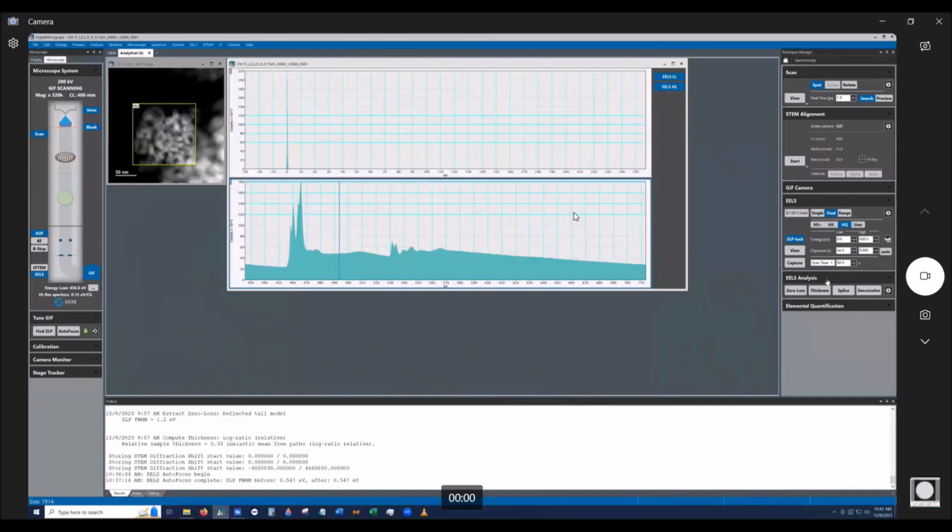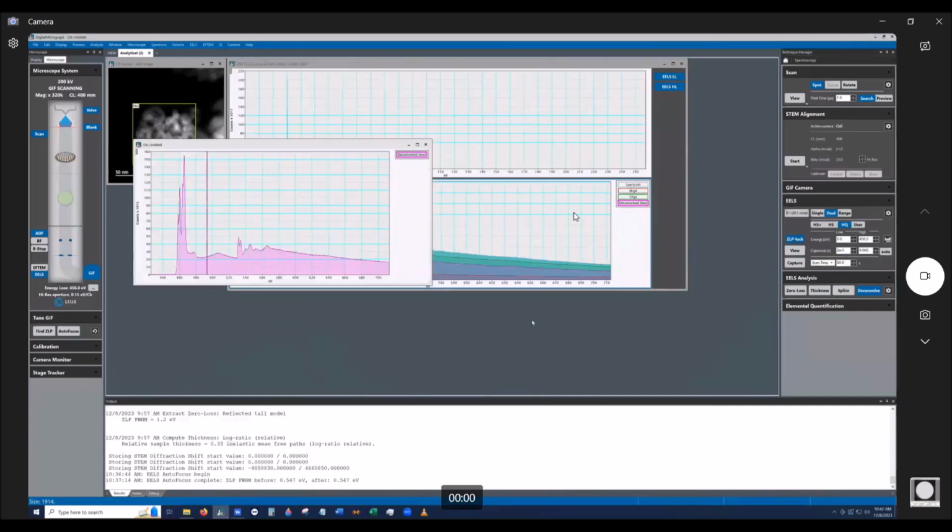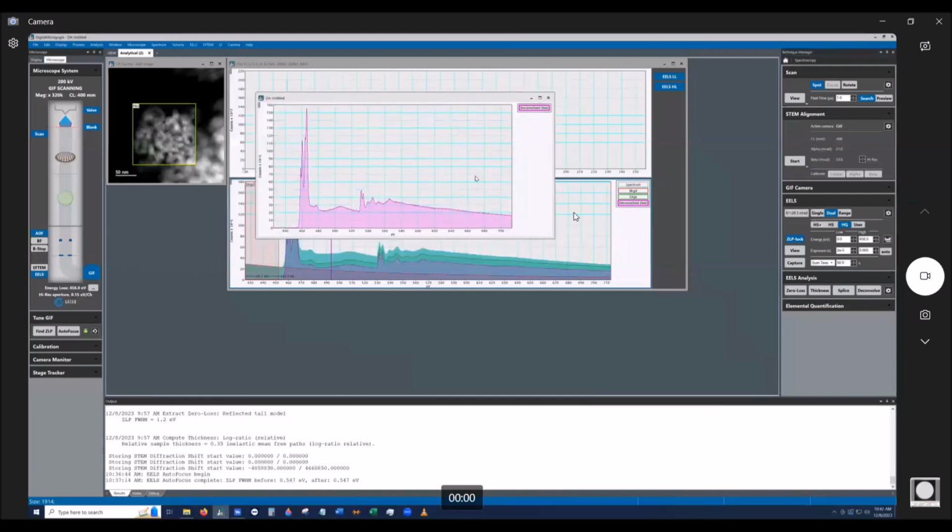So if I come over here to EELS analysis, I push deconvolve. I want to make the background window up here. Okay, and now I'm removing the effects of plural scattering, right? That's this purplish one. So if I click this guy and I click Control C and then Control Alt V, then I just get the deconvolved spectrum right here.